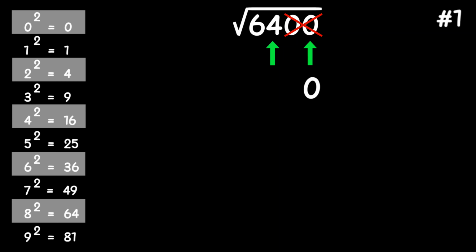Now find the square closest to 64, but not greater than 64. In this case, 64 is the perfect square of 8. So put 8 here. Thus the square root of 6400 is 80. I already said this was a simple example. However, the true value of this method will become evident when solving more complex examples.